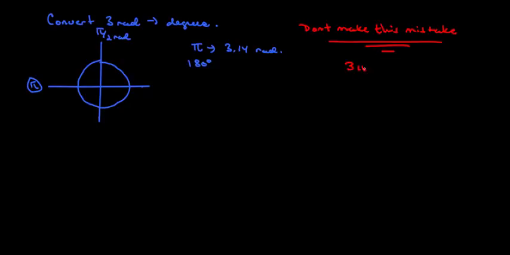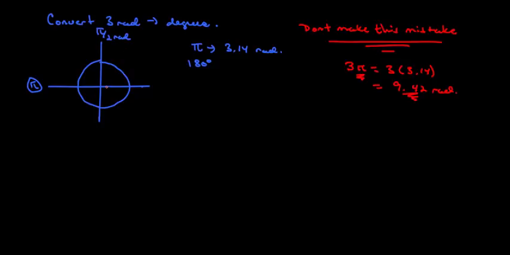They want to go 3 pi because they think that pi has to be involved with radians, and it doesn't. So when I say 3 pi radians, what I'm saying is 3 times 3.14 radians, which is really 9.42 radians. So 3 pi radians is 9.42 radians.